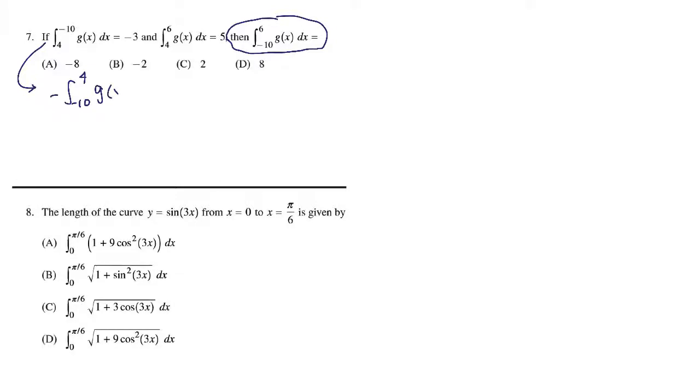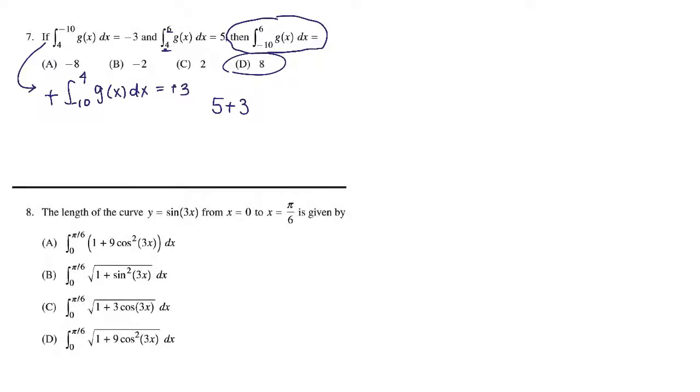And so that's going to give me negative 3, but this negative and this negative will cancel each other out. And so for the rest of this, I have from negative 10 to 4, and then this one's from 4 to 6. So all that's left for me to do is just add these two values together. And when I add those, I do get 8. So the right answer choice there was D.